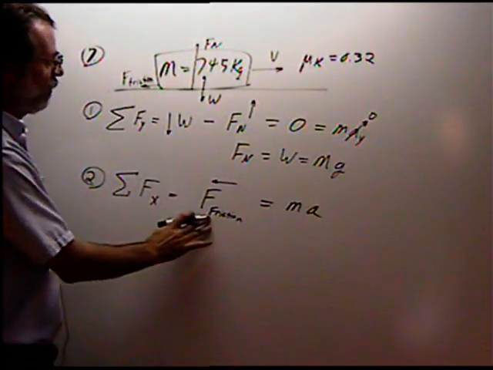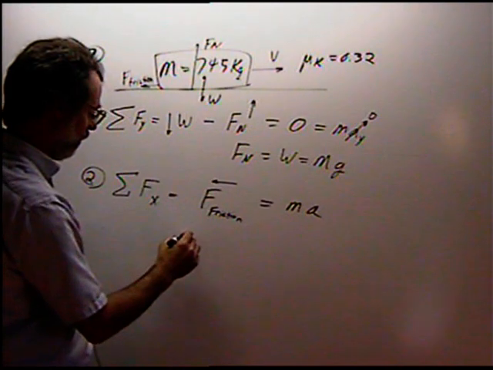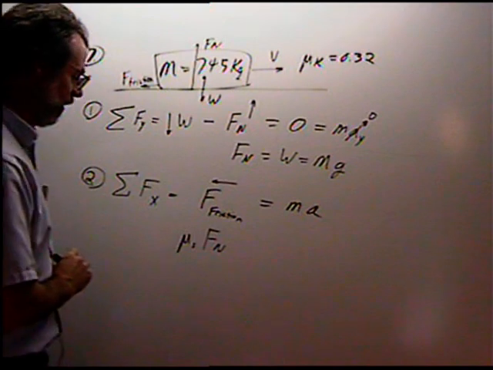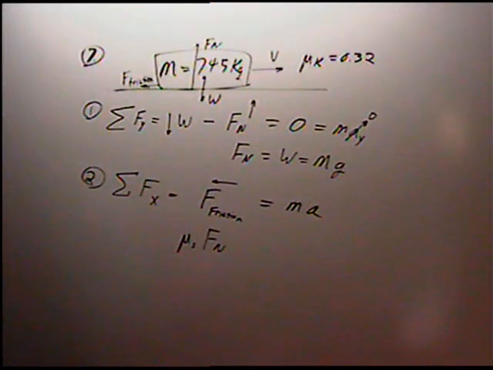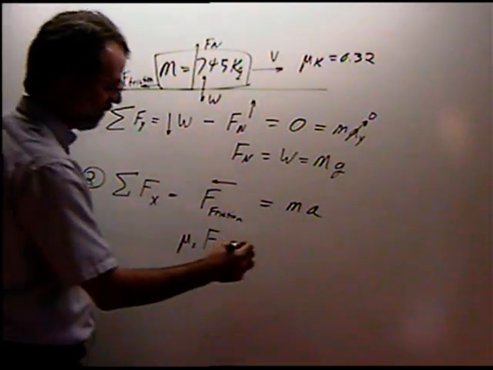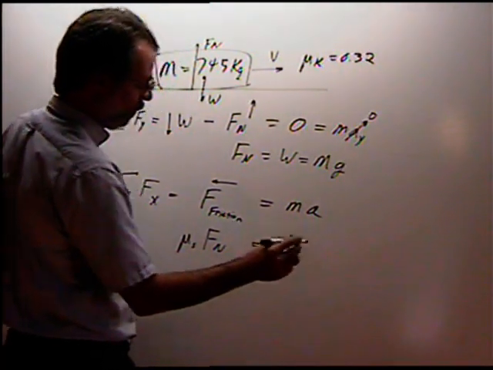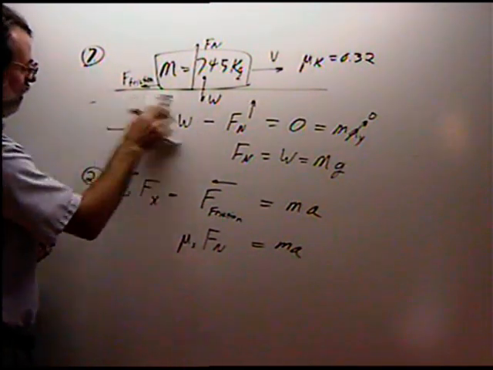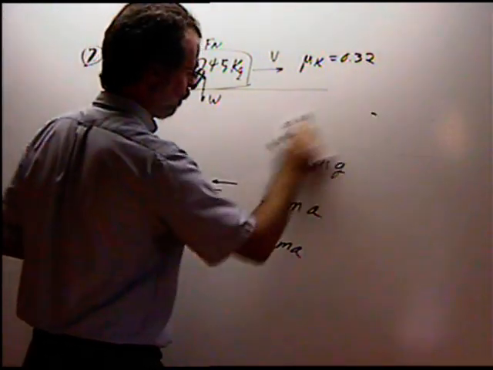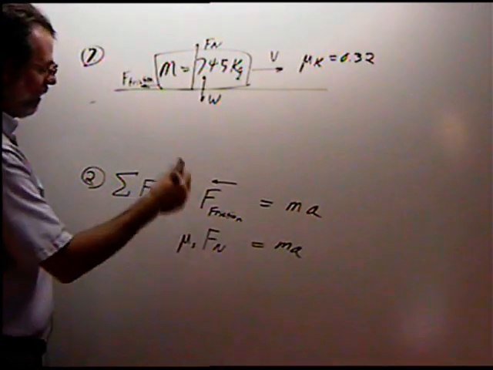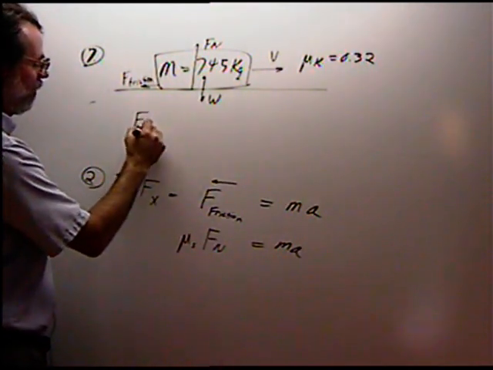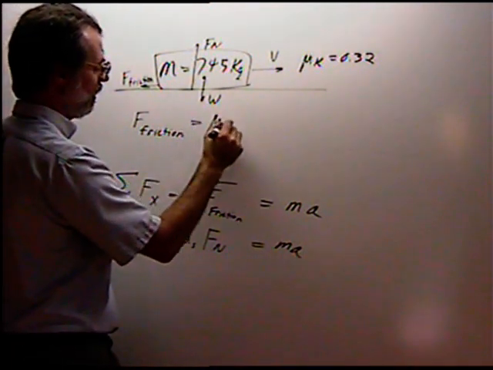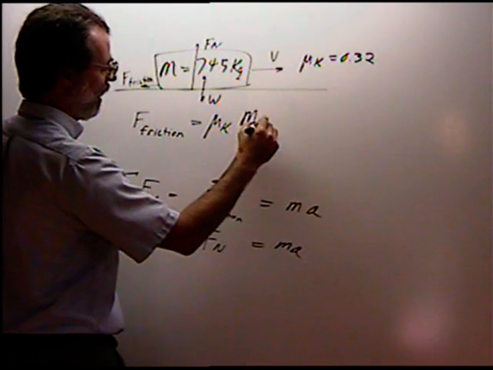Okay. Well, what is the force of friction? The force of friction is the kinetic coefficient times the normal force. Actually, the question just said what is the frictional force. It doesn't say what's the acceleration, but we could calculate that also. I'm going to erase this right here. Actually, the force of friction, just to answer the question, equals the kinetic coefficient times the mass times gravity.